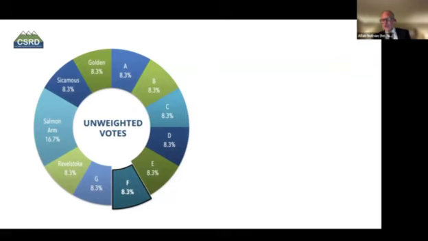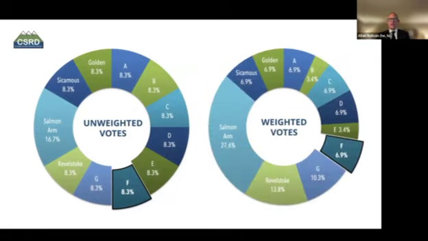These charts simply show how it works with the unweighted and the weighted votes. On the unweighted on the left, this is the pie chart here, and the slices of the pie, if you will, are based on the fact that in an unweighted vote situation for corporate votes, every director votes, and every director gets 1 vote.